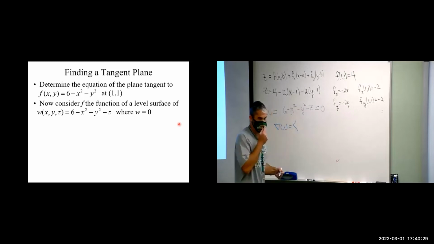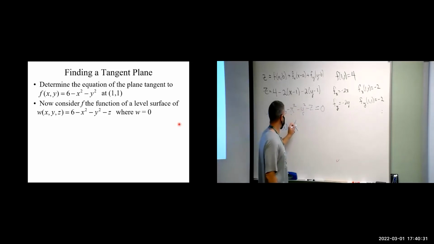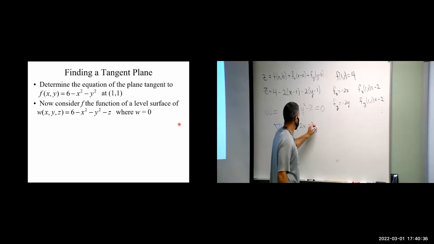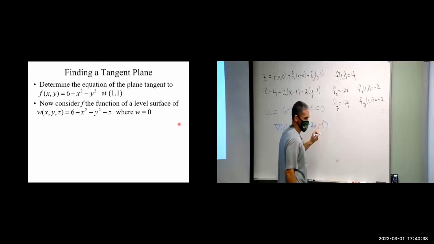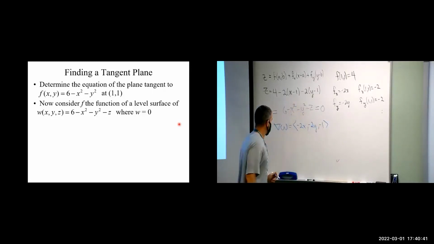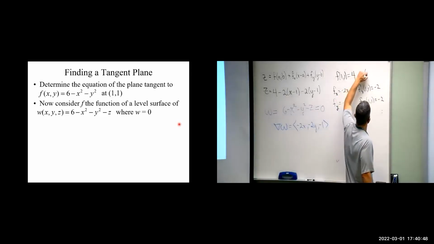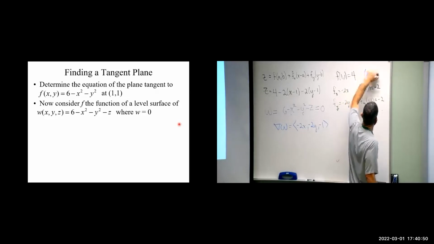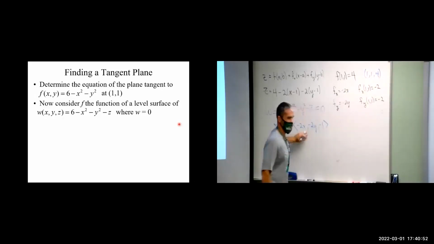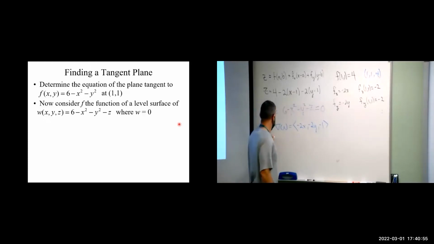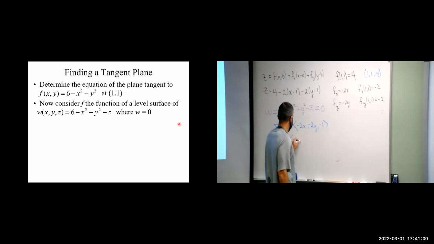Well, we just go through and take the partials: minus 2x, minus 2y, minus 1. Now we are going to evaluate this at our point 1, 1, 4. So we think of this as an ordered triple now, and plug that point in. So the gradient of w is minus 2, minus 2, minus 1.